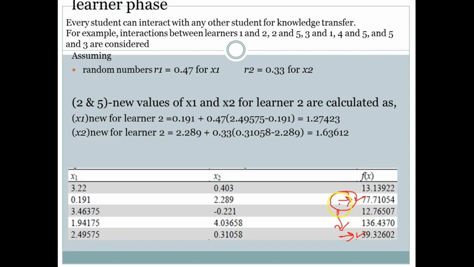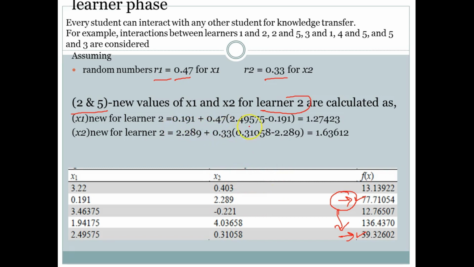So we are going to update the value of learner 2. In the interaction of 2 and 5, we are going to improve the value of learner 2. So for x1 and x2, we will be using some random values: for r1 we have chosen 0.47, and for r2 we have chosen 0.33.